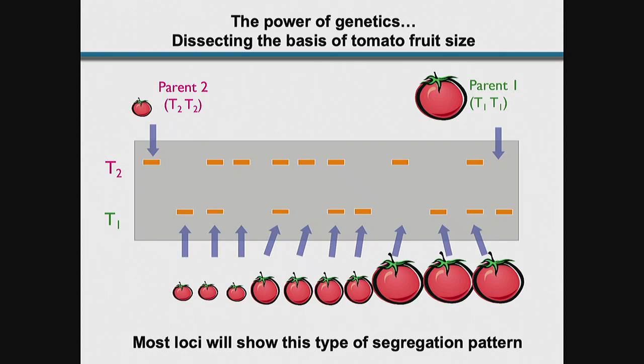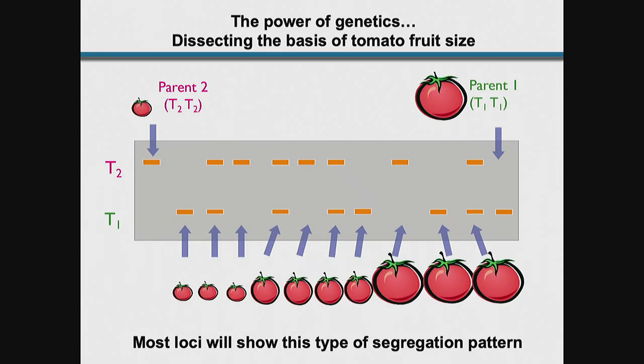So basically, for every single F2, I'm going to measure the fruit size, as you can see here. I'm also going to determine at each locus, and this is showing one locus, does it have alleles from the small fruited parent? Is it homozygous for those alleles?